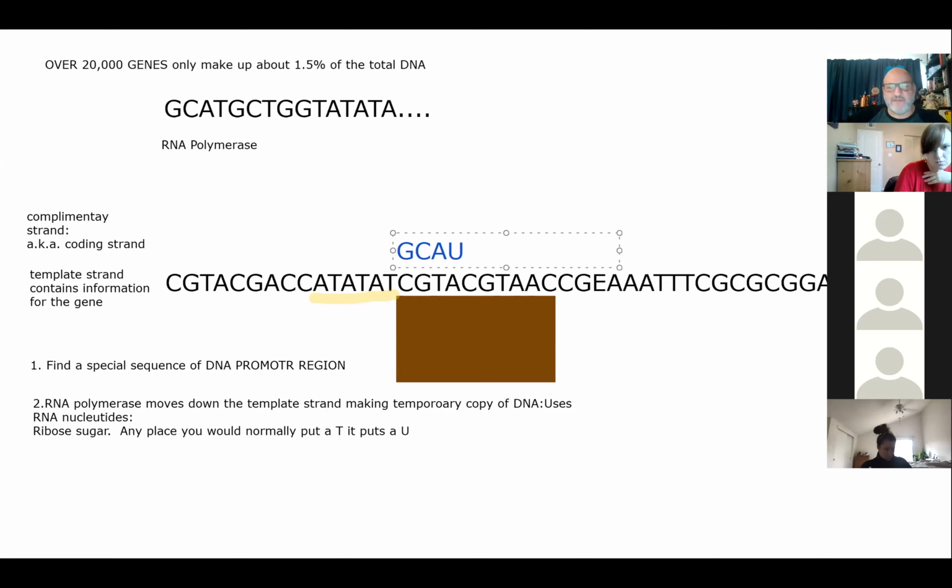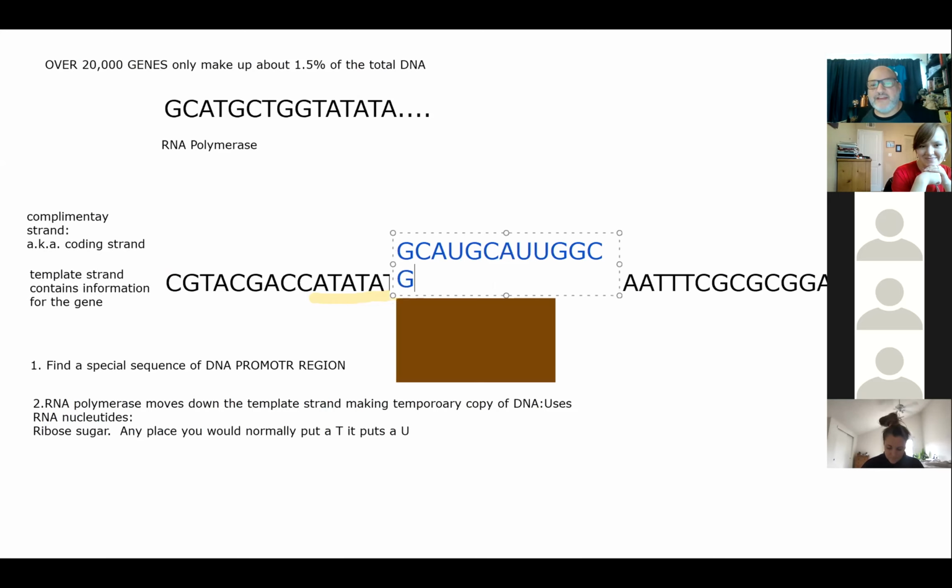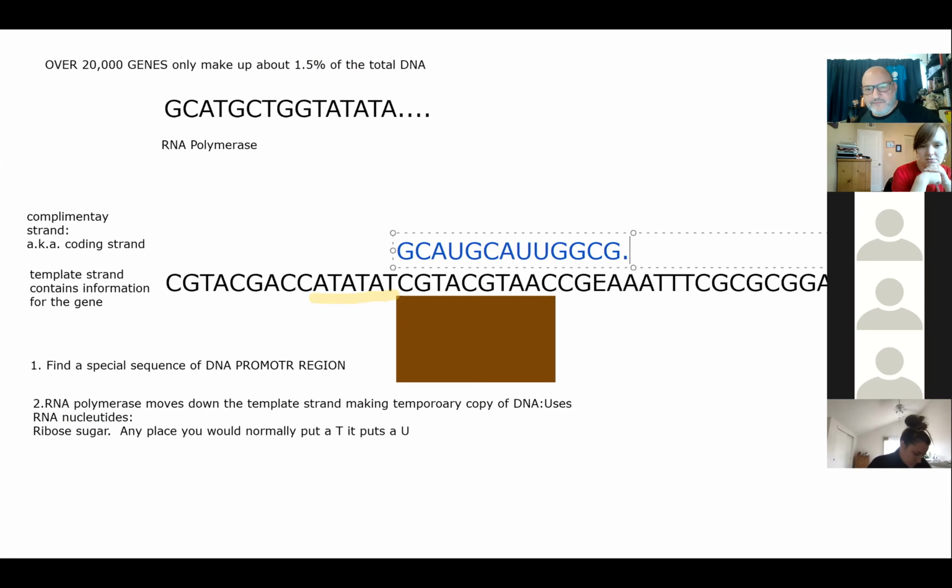And just remember, instead of using T's, it uses U. What's next? G. Yep. C. C, yep. A. A. U. U. G. G. Mm-hmm. C. Oh, what the heck's an E doing in there? Yikes. All right, let's pretend it was a C. So we'll put a G for there, and so on and so forth. You got the idea down the list, okay?